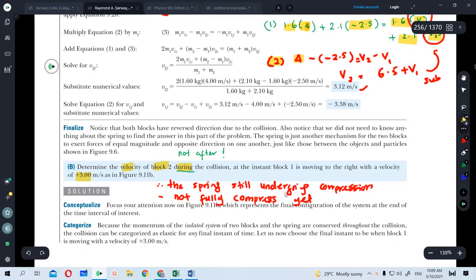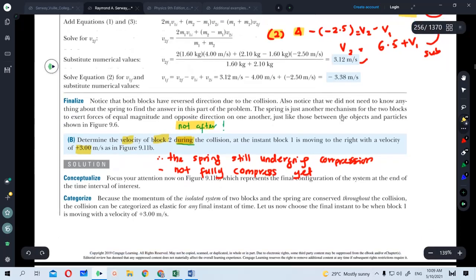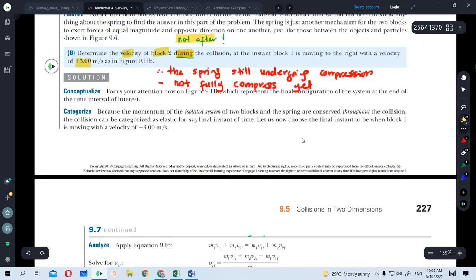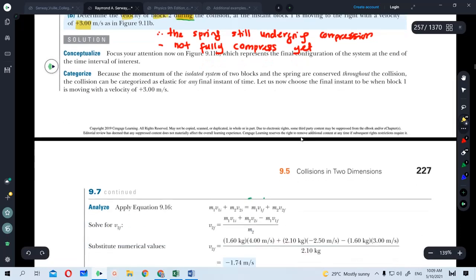After the spring is fully compressed, it should rebound at negative 3.38 meters per second. So this is a case that occurs during the collision and not after. Because of that, the expression we are going to use is conservation of momentum, because the system is isolated and momentum is conserved throughout the collision.